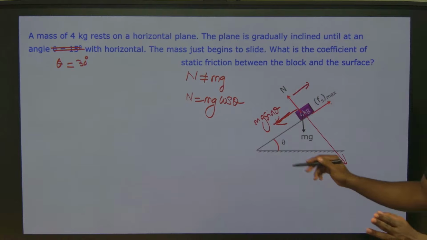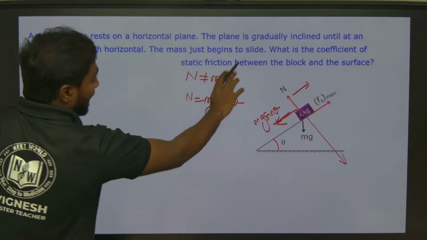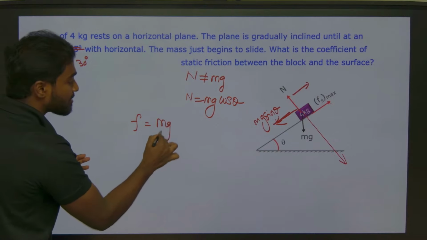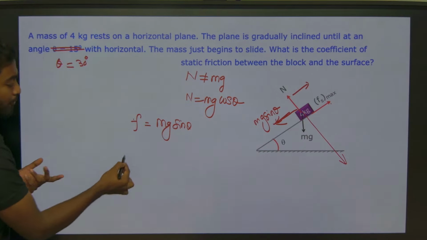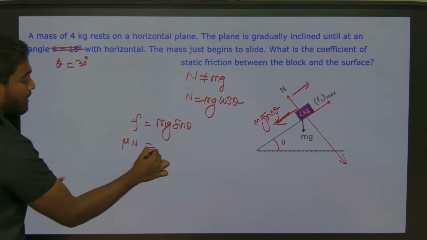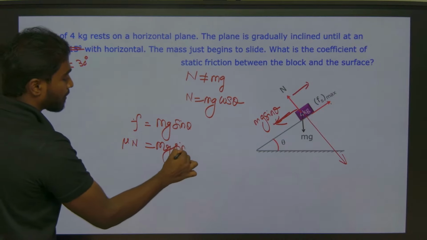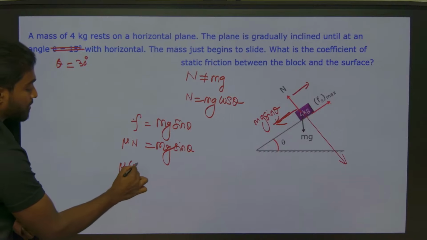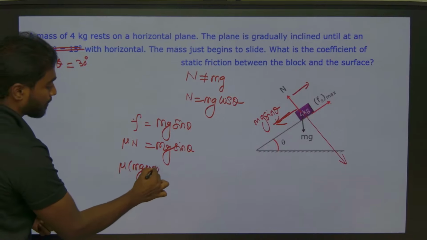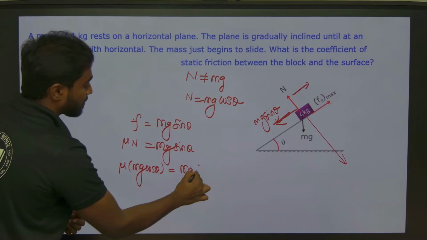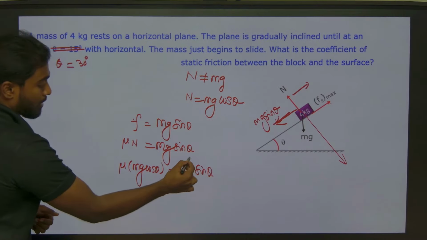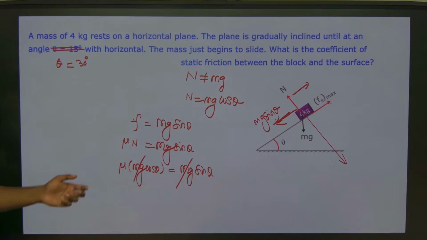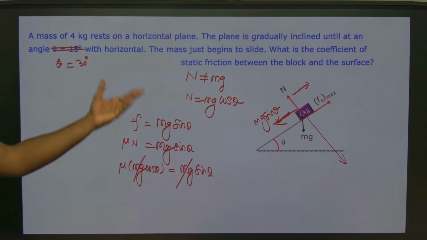Same thing. What they are saying, it has just begun. So F will be equal to mg sin theta. So what is F here? Mu into n, equal to mg sin theta. So what is n? mg cos theta, equal to mg sin theta. mg and mg will get cancelled off. They are asking the coefficient of static friction.